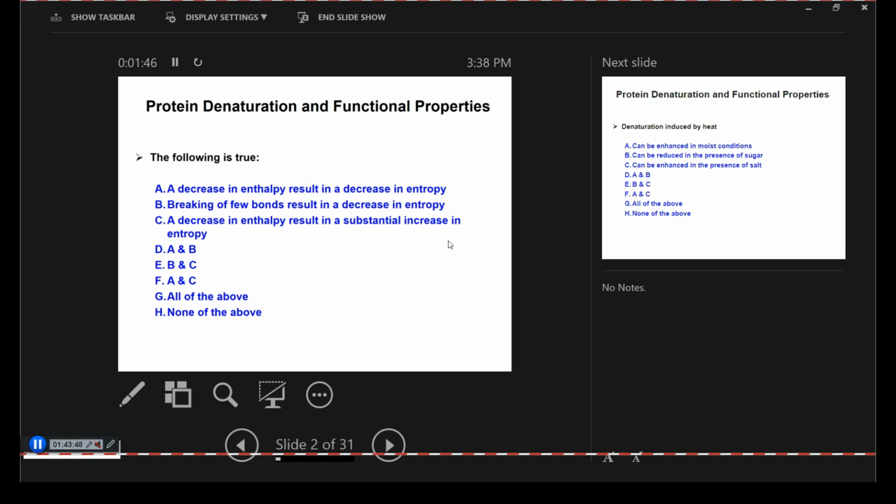C, yes. So a decrease in enthalpy results actually in an increase in entropy. Enthalpy is the contained energy within bonds, and entropy is the tendency for chaos and disorder. So they are oppositely related.